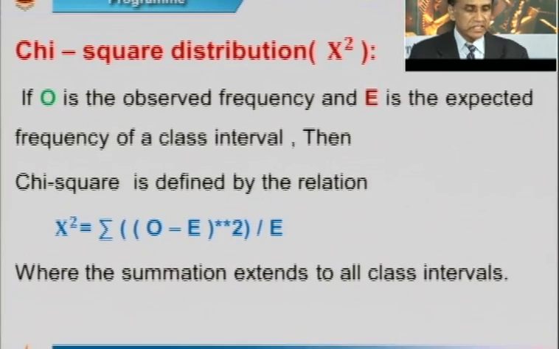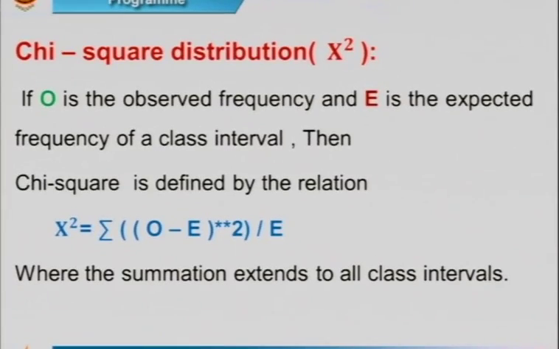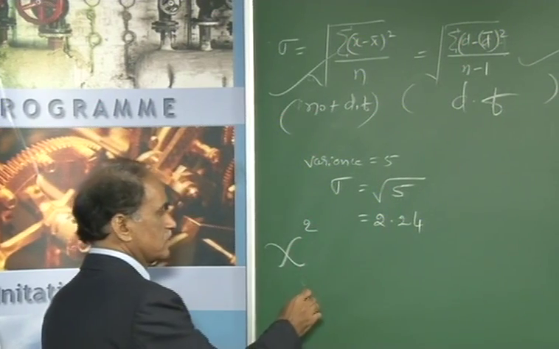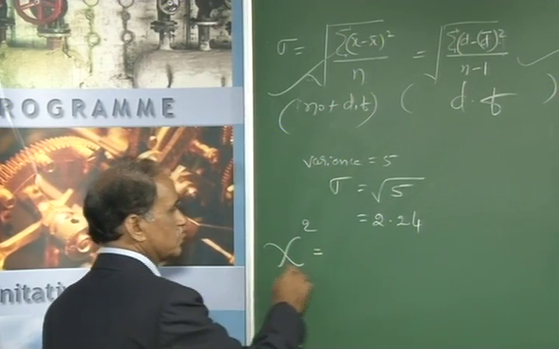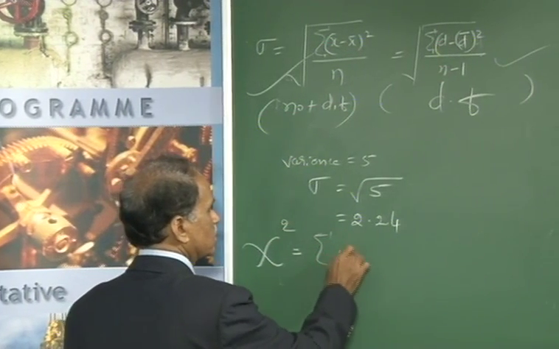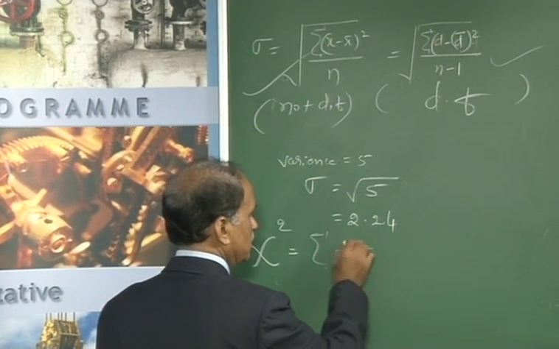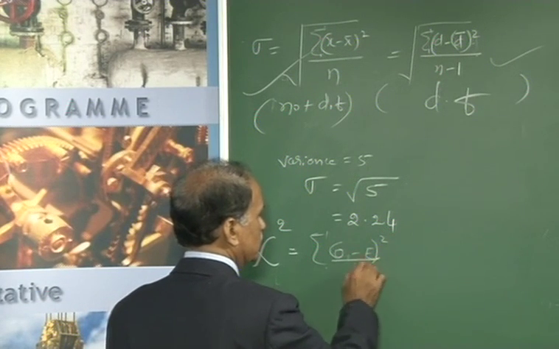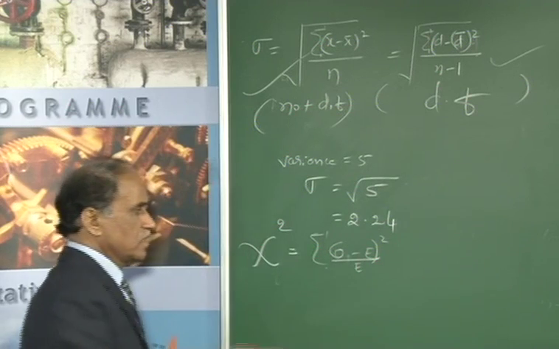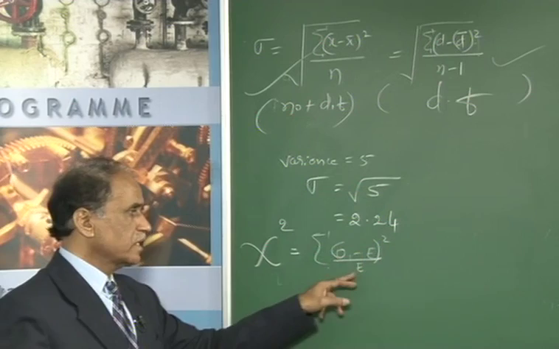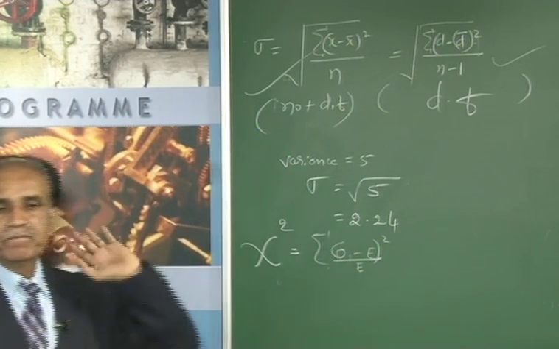Then the equation is chi-square, which looks like x square, equal to sigma of (O minus E) whole square divided by E. Observed frequencies minus expected frequencies, whole square, divided by E.